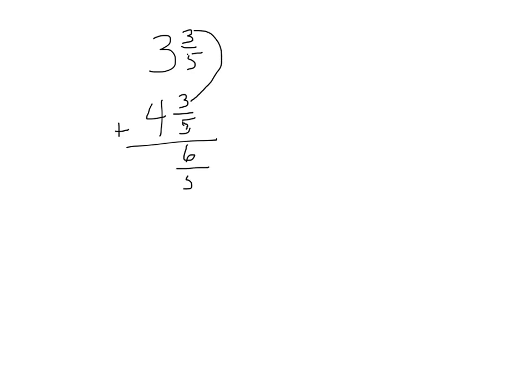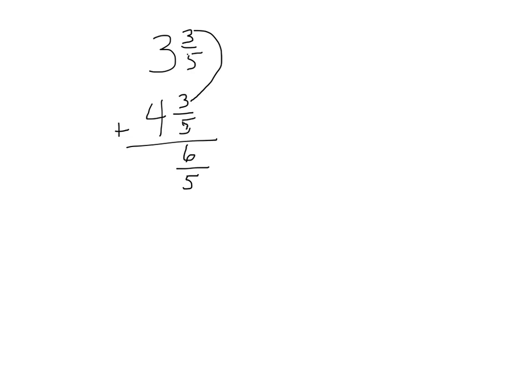The next thing that we're going to look at is if we have common denominators. Sorry about that 5 there, and we're adding. Remember, we just add these two together, and our denominator stays the same.